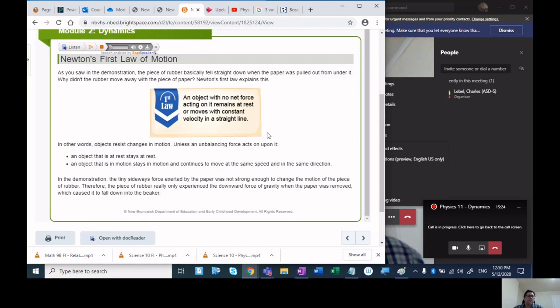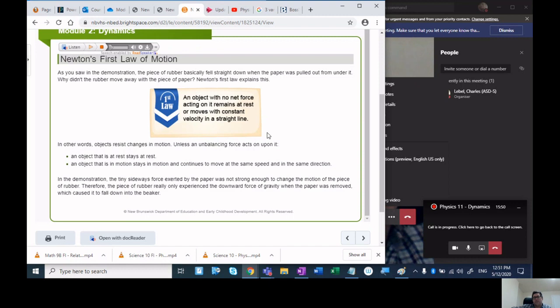If you don't move me, or I don't move myself, I don't move. Or if this object over there is not pushed, it won't move. Now it's best to understand it in space, because on Earth there's always a force, gravity.